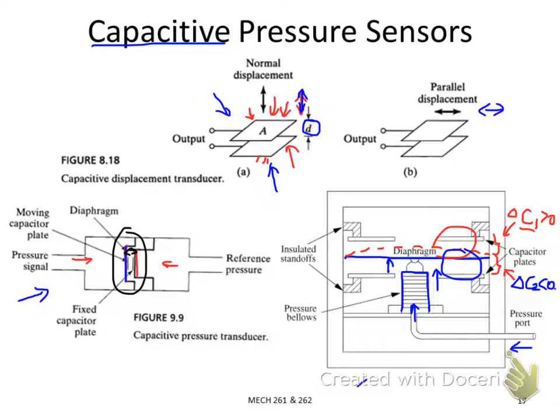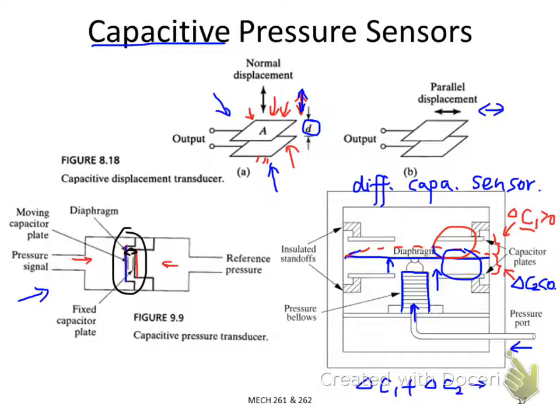If you sum up the change of the two capacitance values, you will have a large output. This type of capacitive sensor we call a differential capacitive sensor.